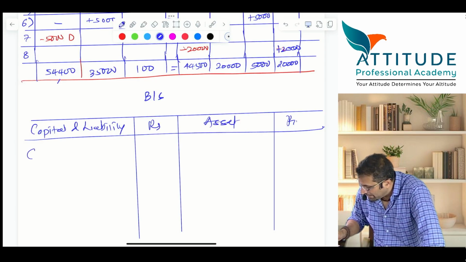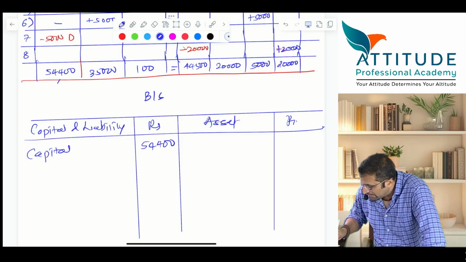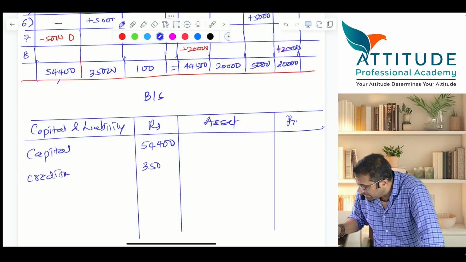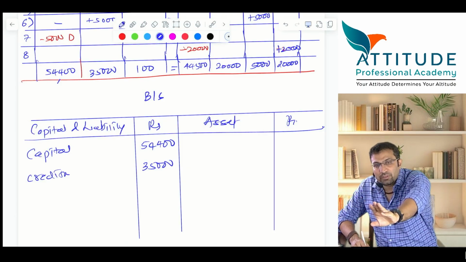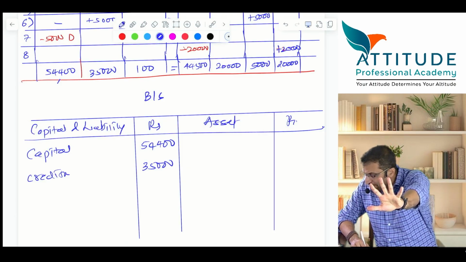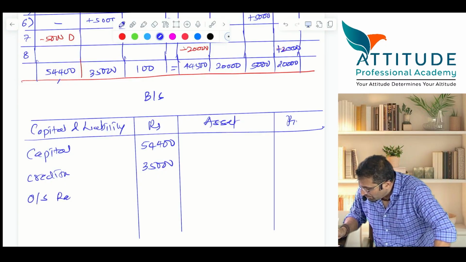Now tell me, what is the capital? Hello, what is the capital? 54,400. Then creditors. Creditors are 30, in that trade creditors are 30,000, and creditors for fixed assets is 5,000. Is that clear? Outstanding rent कितना है?